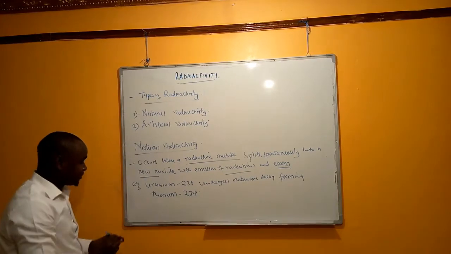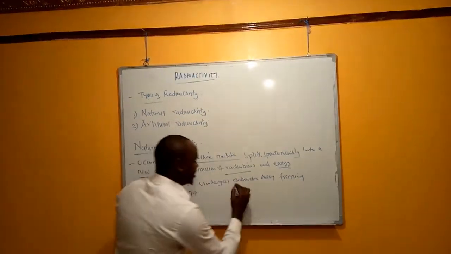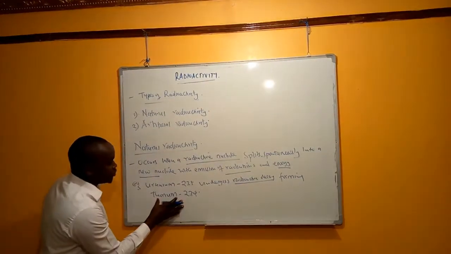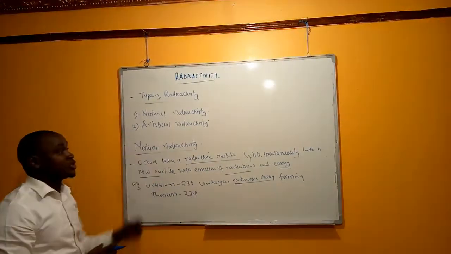So as you can see, uranium is unstable. It will undergo radioactive decay. Radioactive decay is a spontaneous disintegration, forming a new nuclide completely called thorium-234. That is all about natural radioactivity.